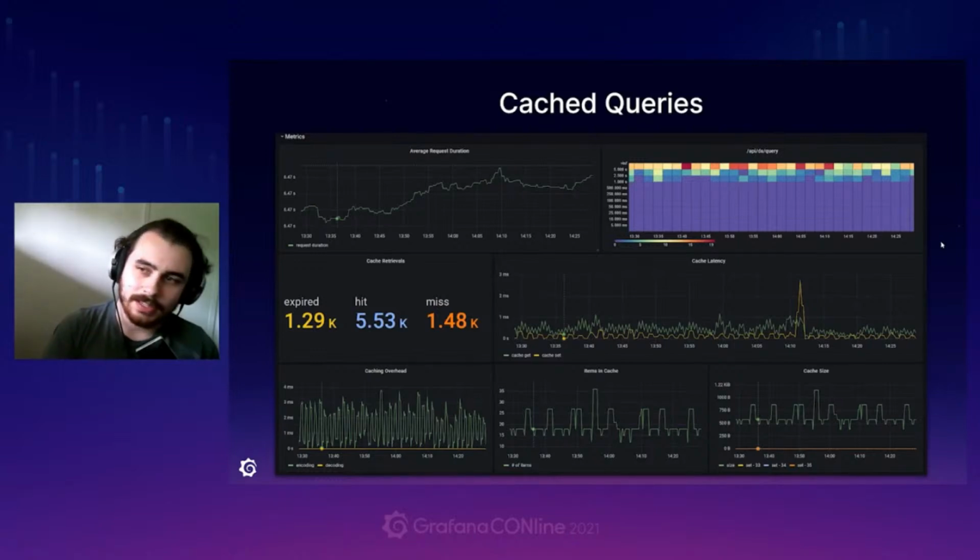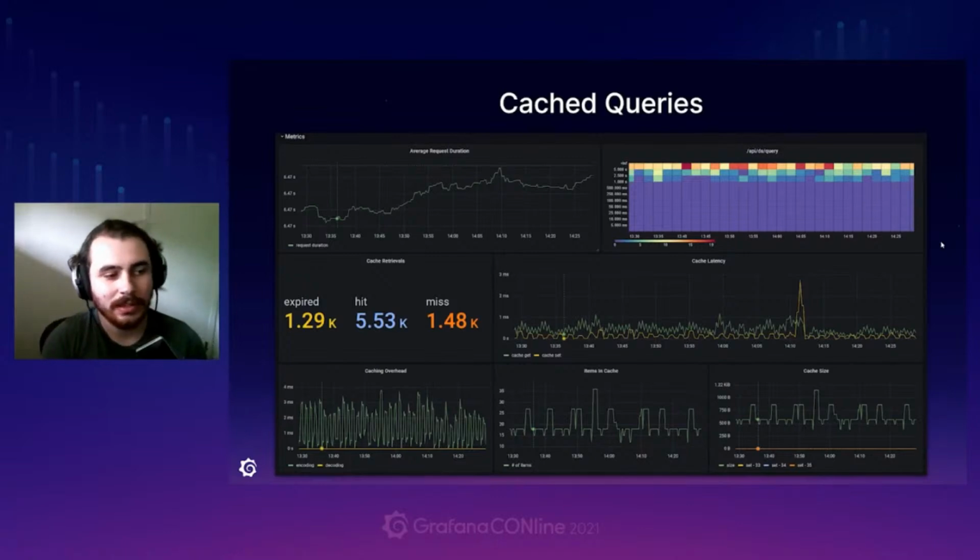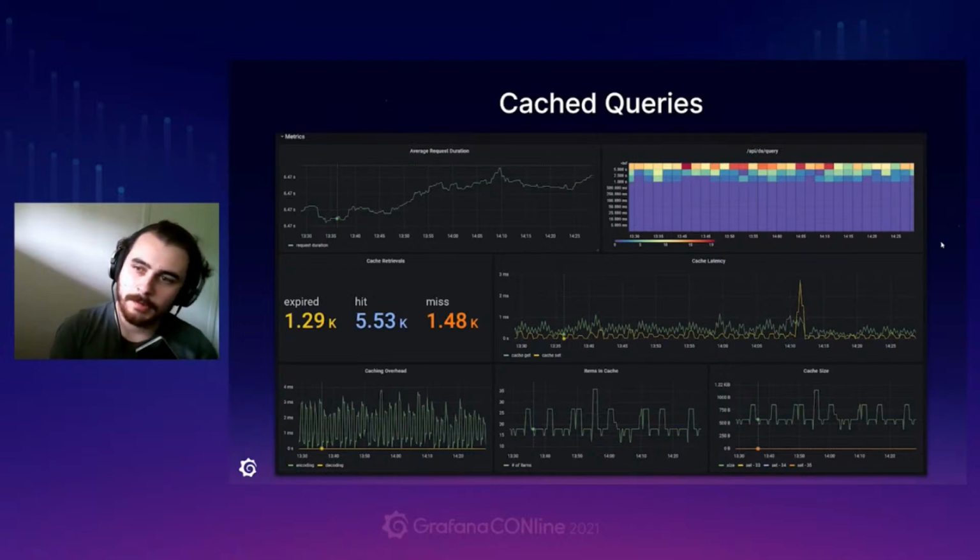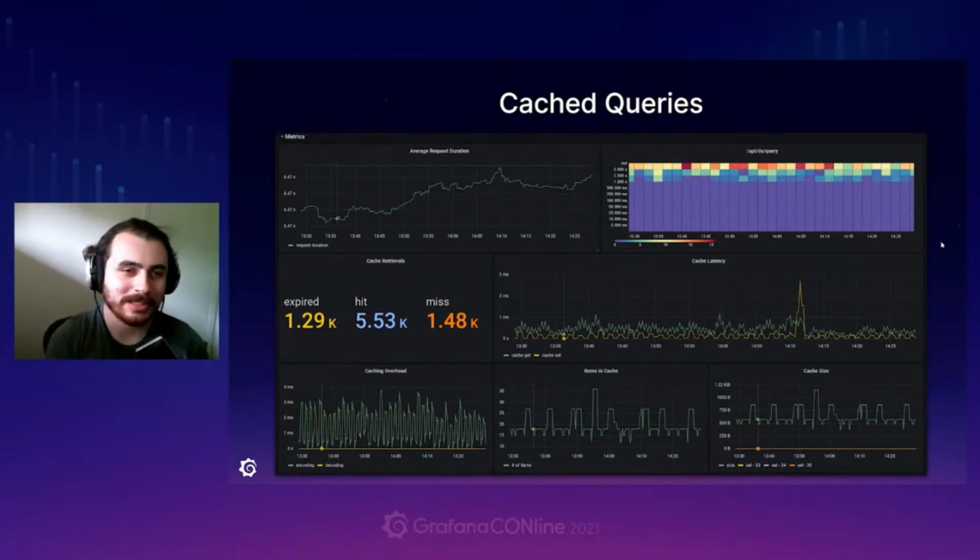If I look at the real fun metric, the number of cache hits, it looks like I managed to save about 5.5 thousand requests. Those are just requests that got data but didn't actually need to be sent to the data source. This is especially nice with, like I said, GitHub, which will limit you to 5,000 per hour.